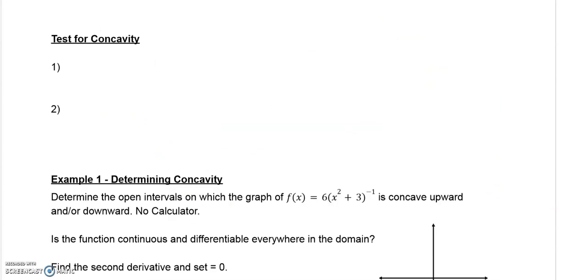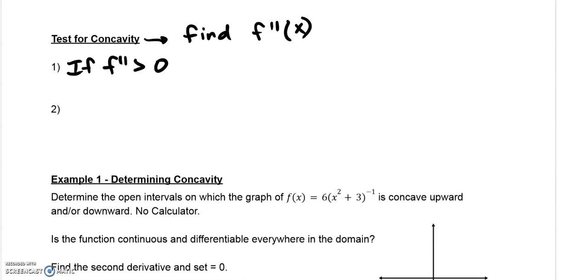Okay, so the test for concavity is pretty simple. The first thing you do is find the second derivative of the function. Sometimes it's easy, sometimes it involves a little bit more. But if you know that the second derivative is greater than 0 on the interval, whatever that interval is, then the graph is concave up.